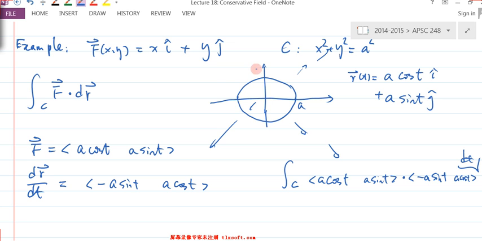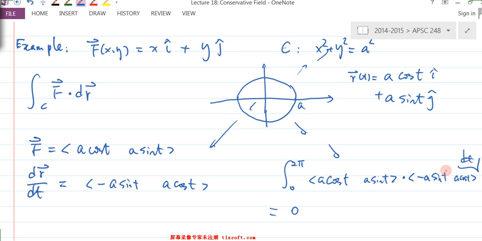This is a full circle, so t goes from 0 to 2 pi. And if you look at this, what does it give you? 0, because the dot product gives you 0.